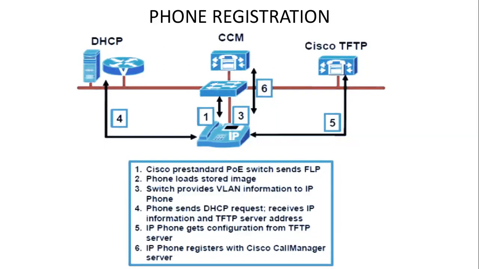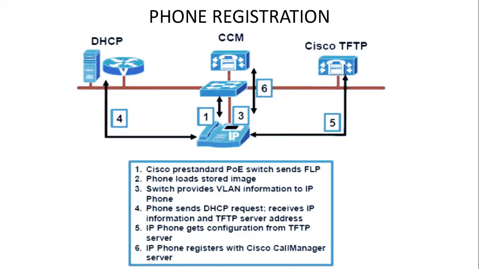When FLP is sent from the switch to the phone, it sends the maximum power that a switch can supply to a phone. Then CDP, Cisco Discovery Protocol, is the protocol through which the switch decides which devices are connected. If it is a Cisco device, it will be discovered using Cisco Discovery Protocol.